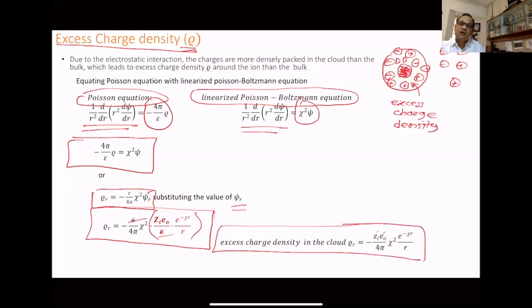Chi is basically the reciprocal Debye length, right? So this is my excess charge density rho r. How is it changing? Like the potential, it is decreasing inside the cloud. If you plot excess charge density versus r, it is decreasing with radial distance r.